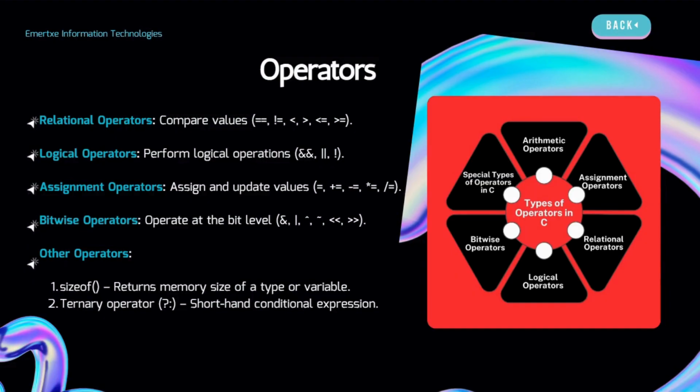Bitwise operators like ampersand, or, negation, shifts, and other useful operators like sizeof, which returns storage size, and the ternary operator, question mark with colon, which lets us write compact if style logic. Mastering operators helps you write expressive and efficient C code.